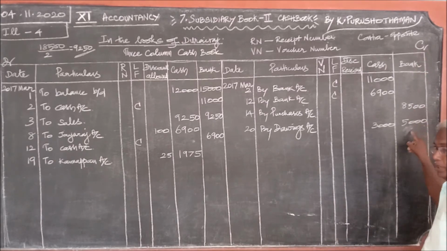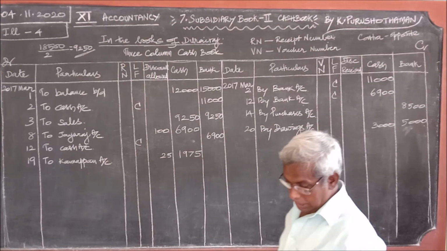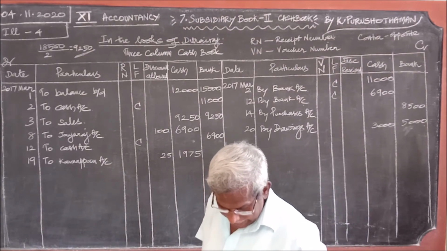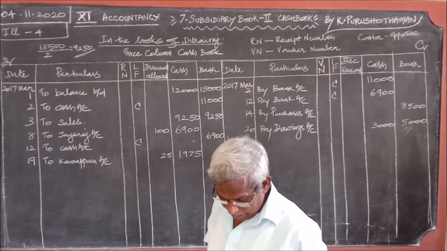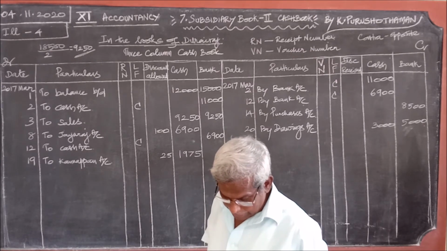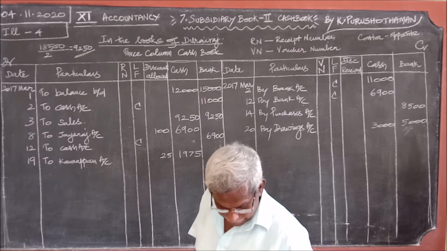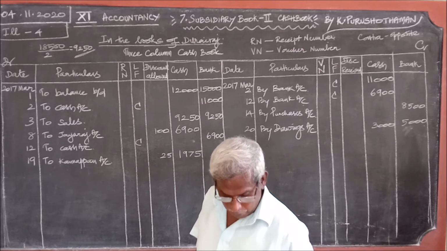And the last one, 25th, paid Vinod by check in full settlement of his account, 2,850. Paid Vinod means paid to Vinod.